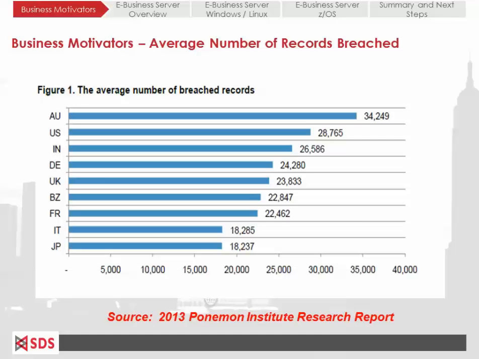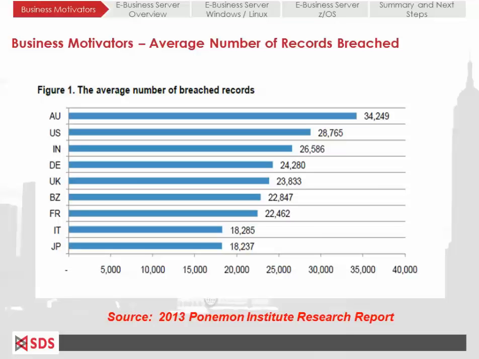The 2013 Ponemon Institute study that we're showing right now was conducted for security breaches. I'm just going to share a few slides with you. This particular slide shows average size of data breaches for organizations in the 9 countries represented in this particular research. As you can see, at 34,249, Australia has the highest number of breached records.